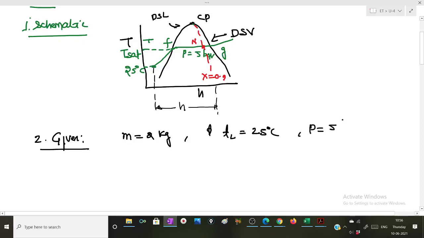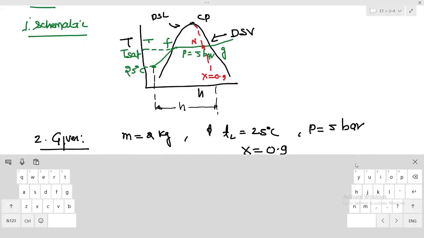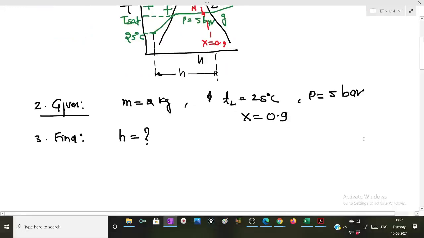Pressure is given as 5 bar, and dryness fraction value is given as 0.9. So what am I supposed to find out? H, the enthalpy to convert 25 degrees Celsius of water into steam at 5 bar having dryness fraction value 0.9.